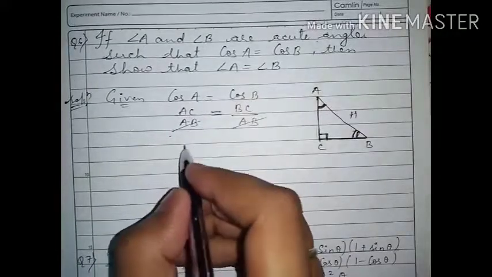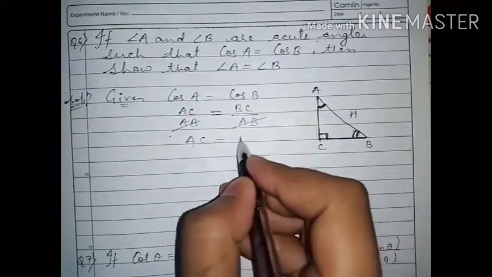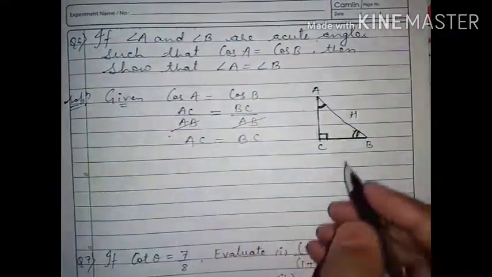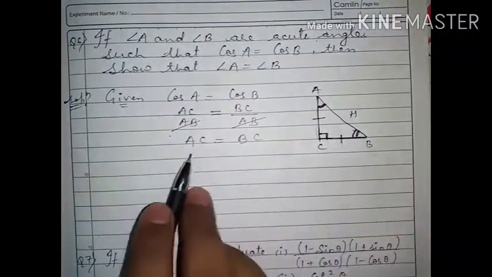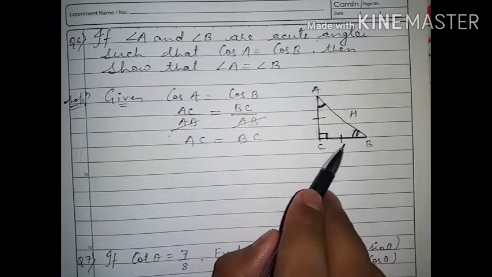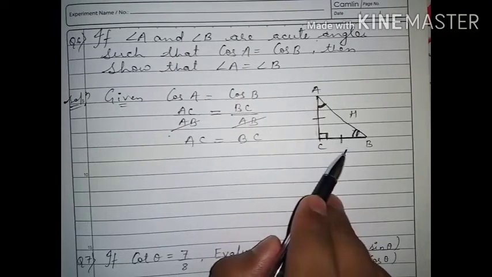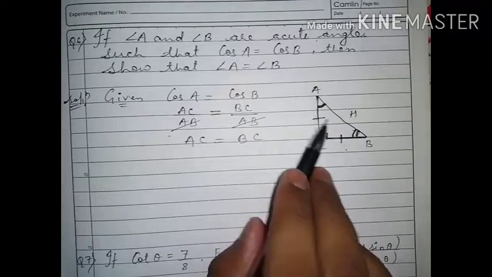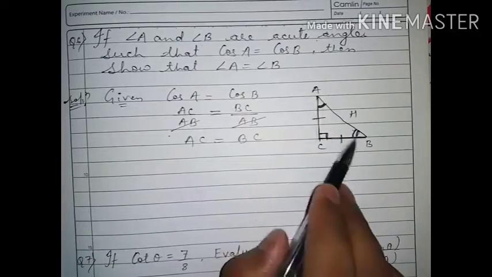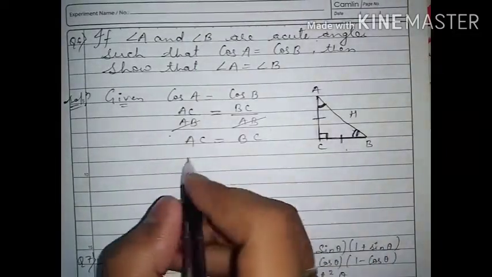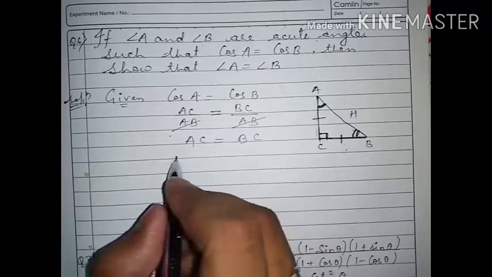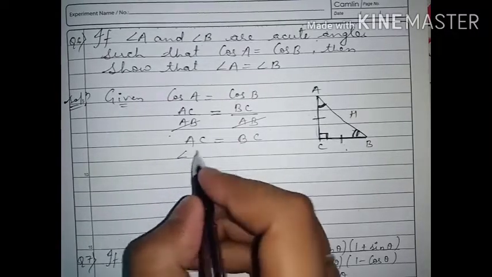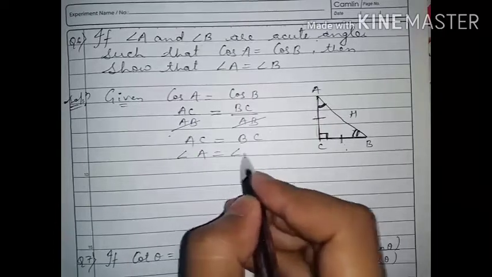So here I can write AC is equal to BC. AC is this side and BC is this side. If these two sides are equal, we can say that these two angles are also equal. So I can write angle A is equal to angle B.